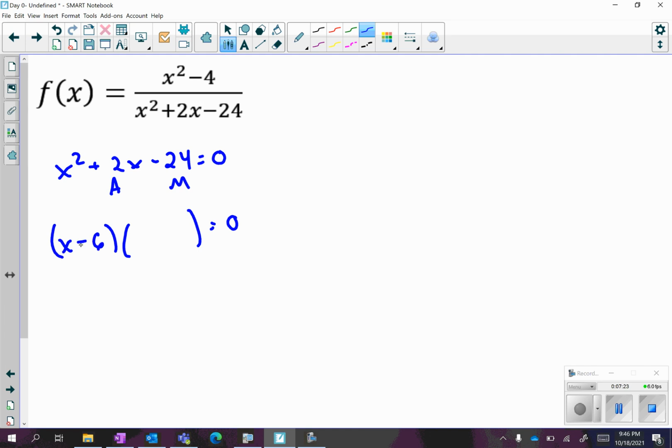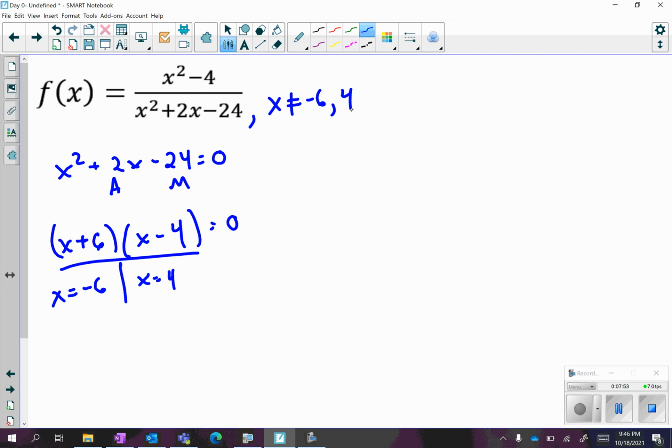Oh, let's go with the +6, and x minus 4. That seems to work. That means I'm going to have x equals -6, x equals 4. So my excluded values, we don't want x to equal -6 or 4.